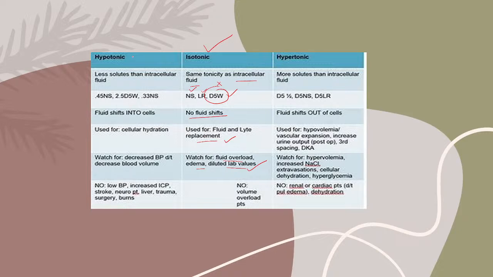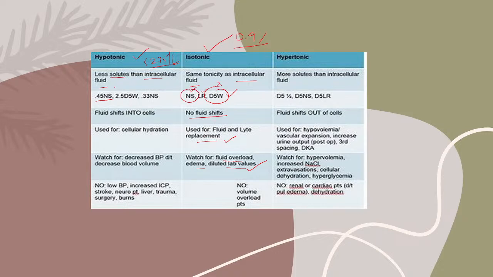Now if we talk about hypotonic, there are fewer solutes than in intracellular fluid, and if you remember, the osmolality of this fluid was less than 275 per liter. The example is 0.45% NS. I forgot to mention, the NS above is 0.9% NS.